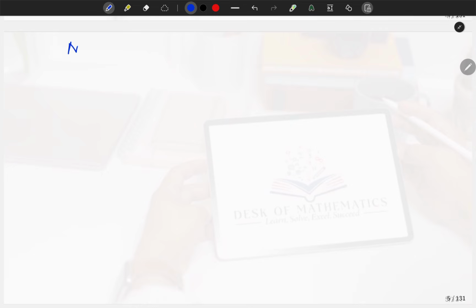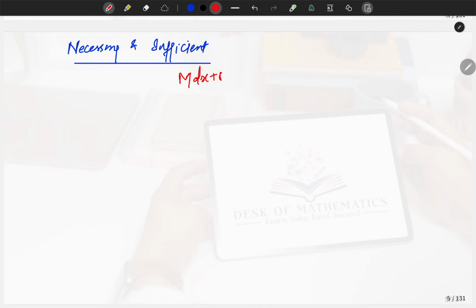And this is very important: what is the necessary and sufficient condition for a differential equation in the form M dx plus N dy is equal to 0 to be exact?